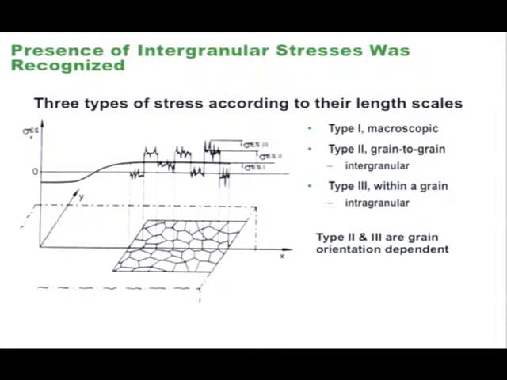If you just look at this schematic that has many grains in there, you can basically characterize the total strain or total stress into three categories. One is this macroscopic or average stress, which is basically a constant across many grains. So let's say it's a constant across the scattering volume that you use. But within this volume, you have many grains, and each grain has its own orientation.